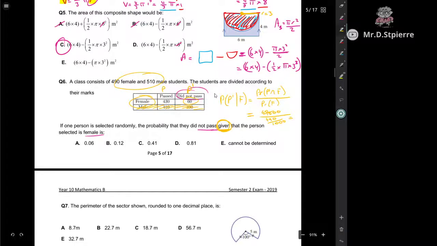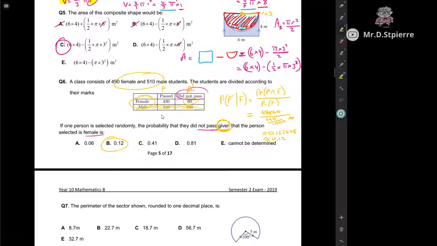We put this in our calculator: 60 divided by 1,000, divided by 490 divided by 1,000 is equal to 0.122448, which keeps going on and on. We round that to roughly 0.12, which is our answer B.